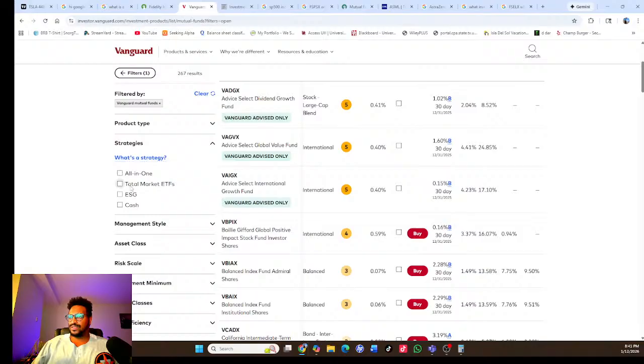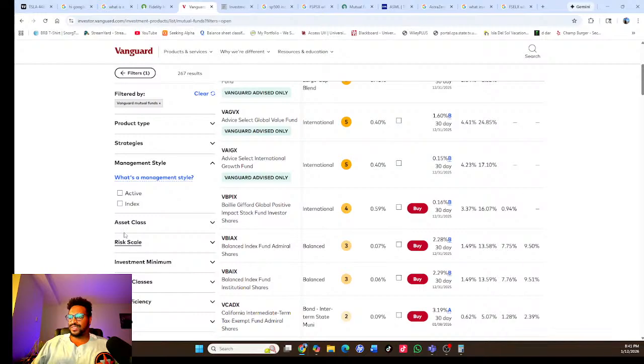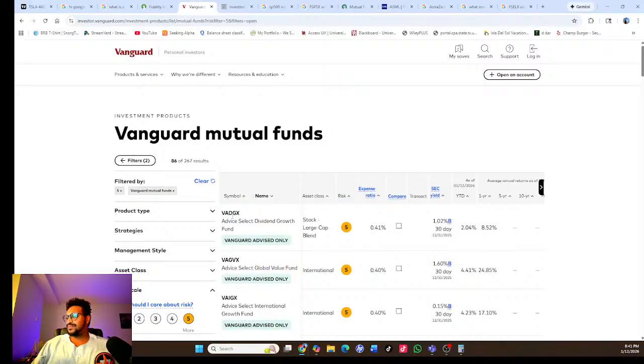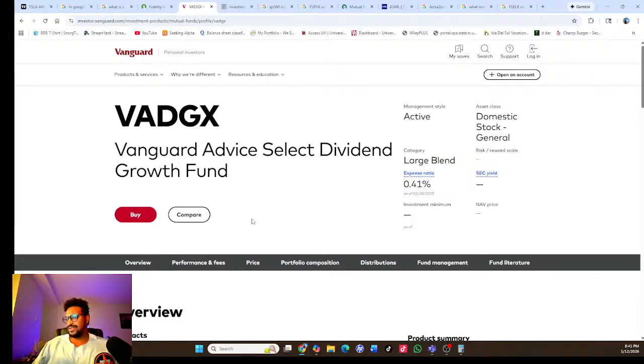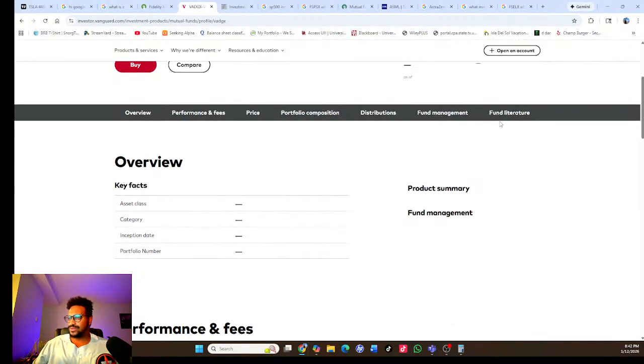What is the strategy? Management style, active, index, asset class, risk. You could do risk, like you want very risky. So there you go. You look at the mutual fund. It's like, oh, what is in it? It tells you. See, management style, active. Asset class, domestic stock, general. What does that mean? That means it's just U.S. companies. Domestic is U.S. If it says international, it's something else, right?